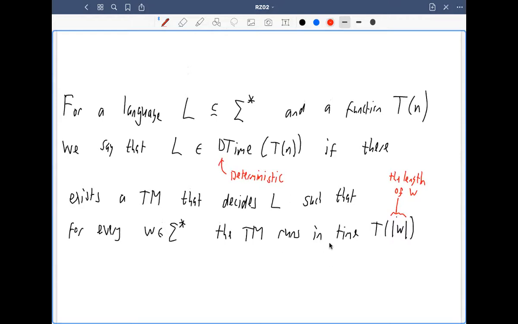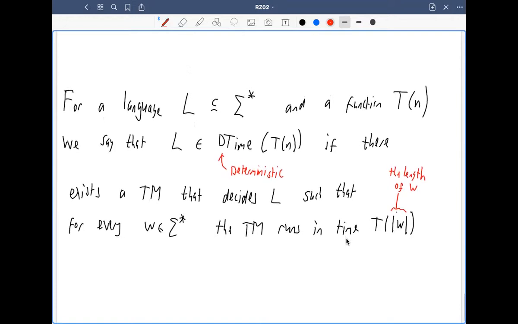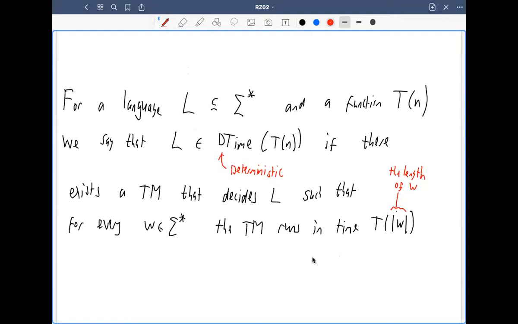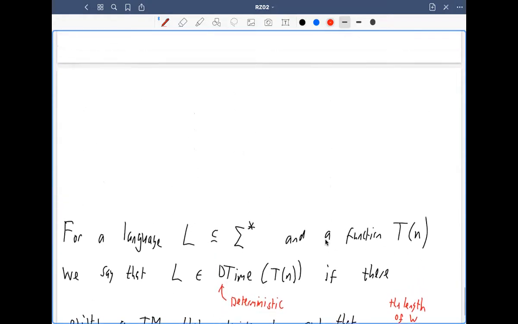But I haven't told you what runs in time means. Here we're going to have many words of the same length. And if we look at the number of steps the Turing machine takes, it might take different numbers of steps on words of the same length. So what does runs in time mean?